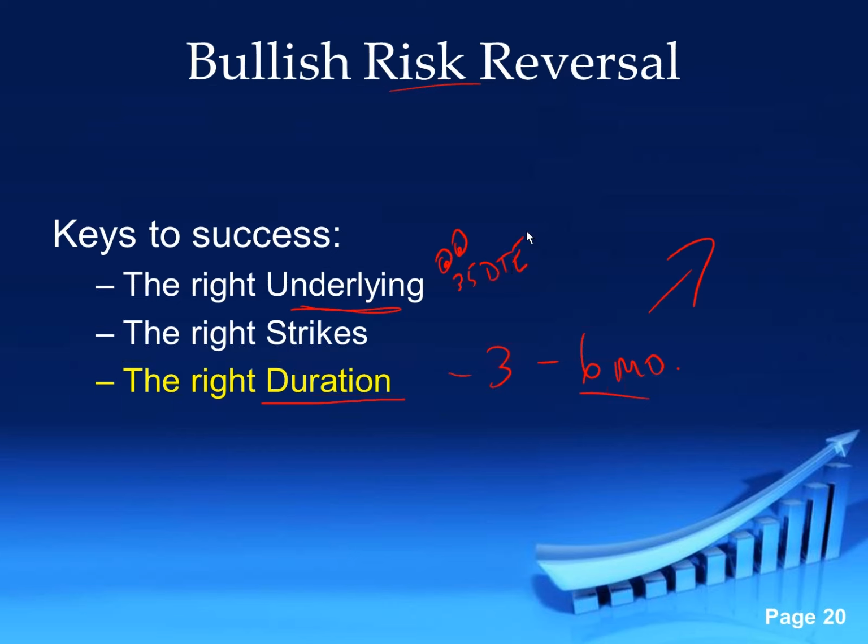We're still looking at that, even though when we enter this trade, these are the 3 to 6 months out, which is going to be your 90 plus days to expiration, all right, on your duration, all right?